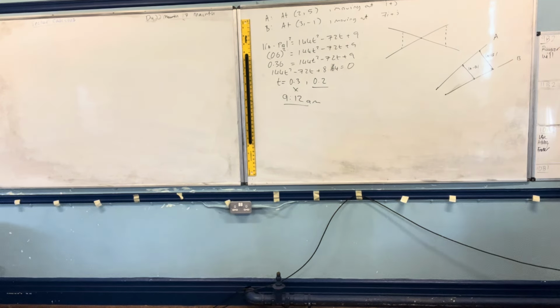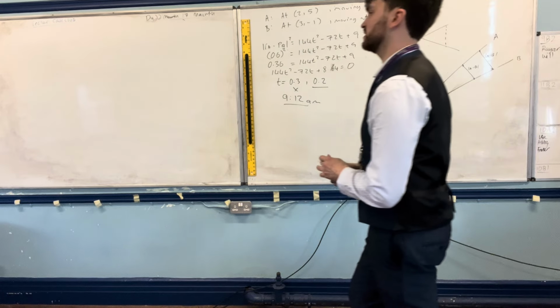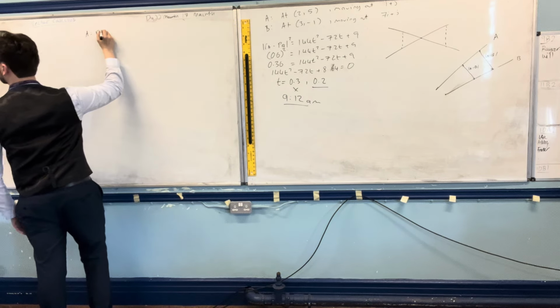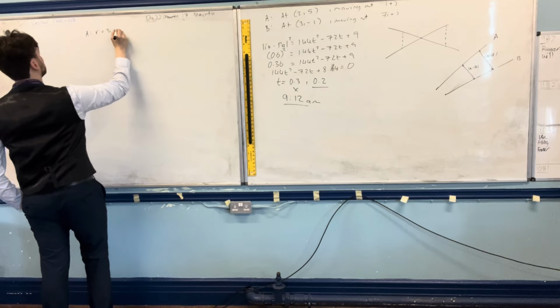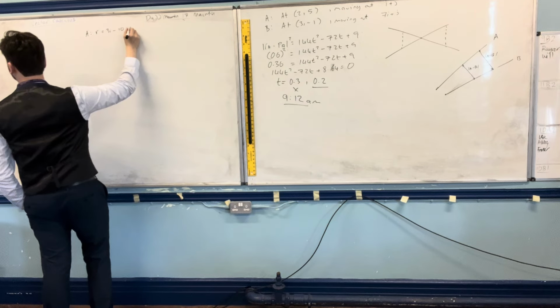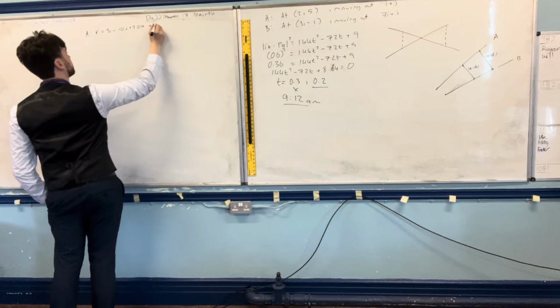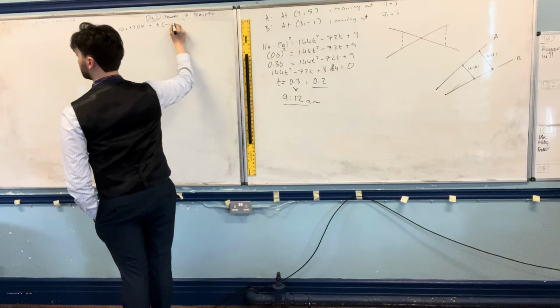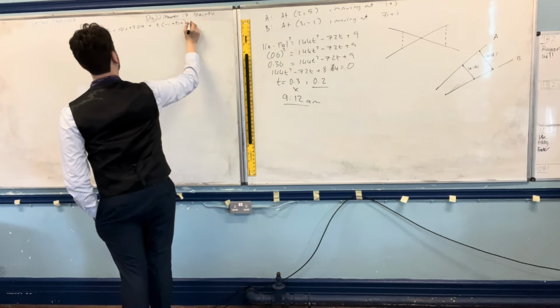Okay, so the position vector is given at the start for A as r equals 3i minus 10j plus 20k, and then every second it moves with minus i plus 2j plus k.